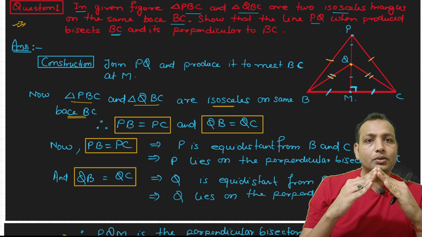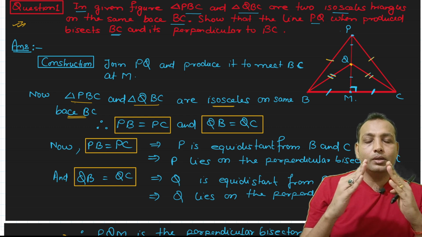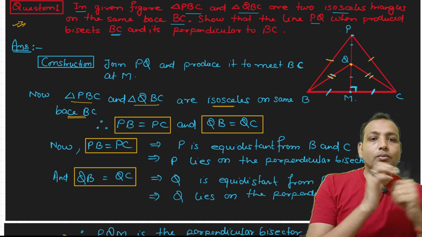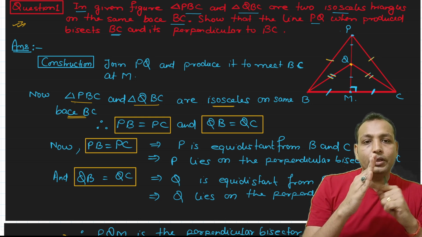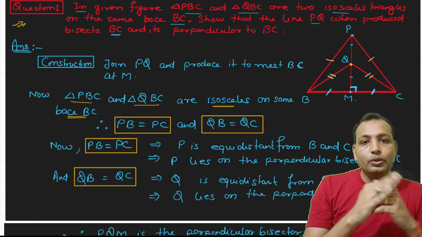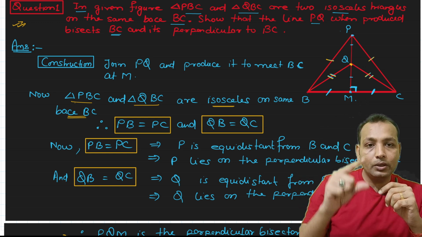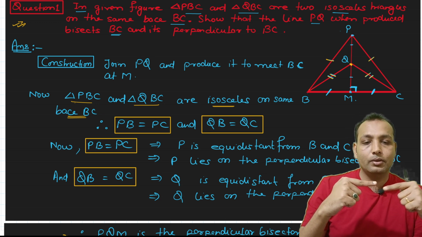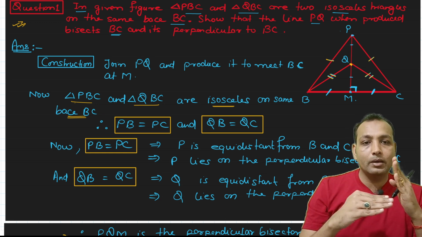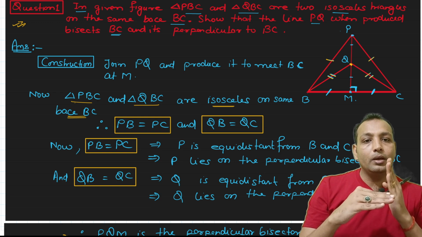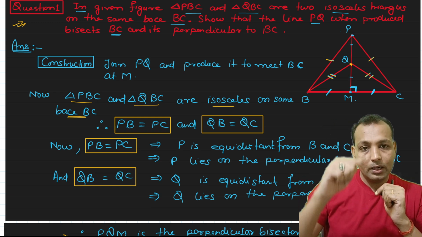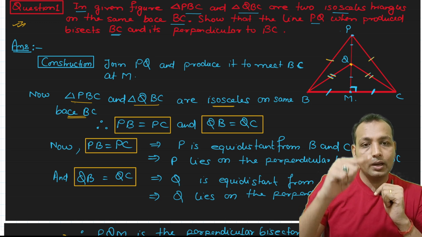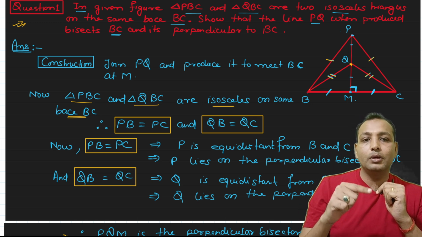Isosceles triangles means two sides are equal, so PB equal to PC, similarly QB equal to QC. We need to show that the line PQ, when produced, bisects BC.